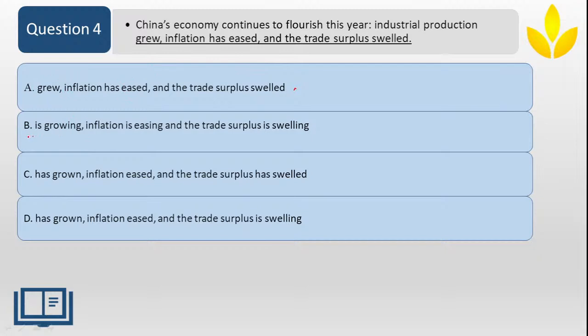Here it is given as is growing. So is growing is a continuous form. Inflation is easing, again continuous. Surplus is swelling. So here is also continuous, so it is in present continuous. This year they are talking about, so this is present only, it gives you a hint. Has grown, inflation eased, surplus swelled.